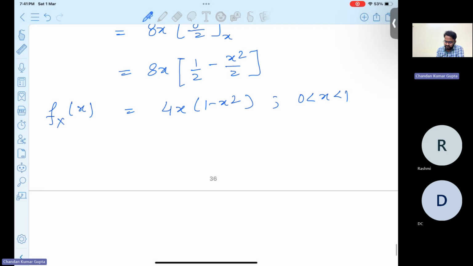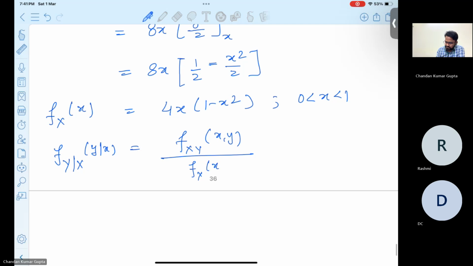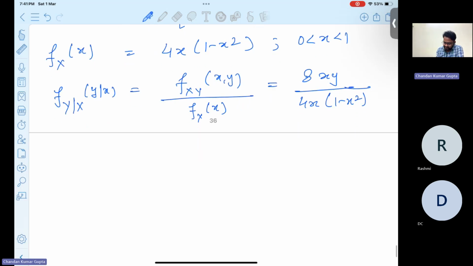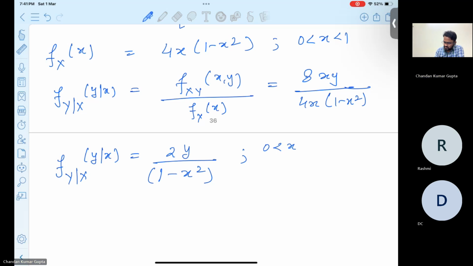So this is the marginal distribution of x. Now, since we have the marginal distribution, we have f(y given x), which is the joint divided by the marginal, 8xy over 4x(1 minus x squared). Simplifying, 8x cancels out and we get 2y divided by (1 minus x squared), for x < y < 1.